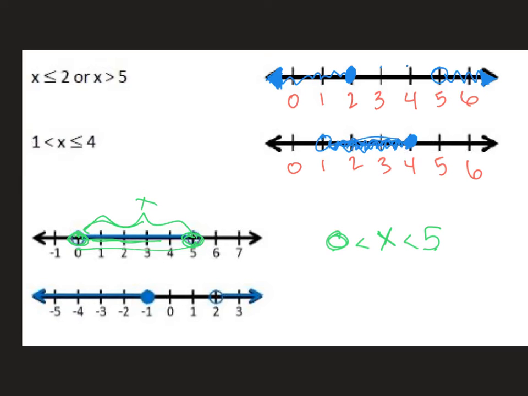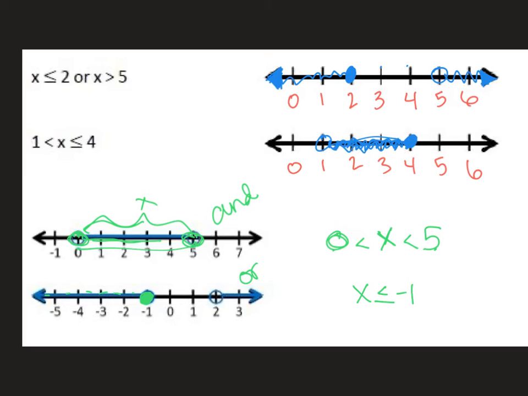Now the next one, I should write that the first is an "and" and this is an "or" inequality because it's graphing apart. We've got two totally separate, independent inequalities here. So we'll start on this left side, and we've got x is less than or equal to -1, because it's a closed dot. x is anything smaller than -1.